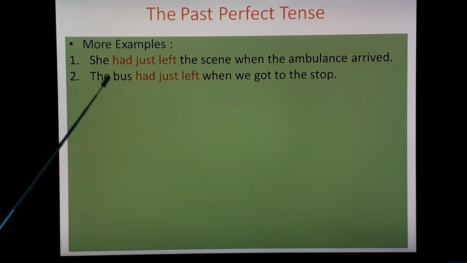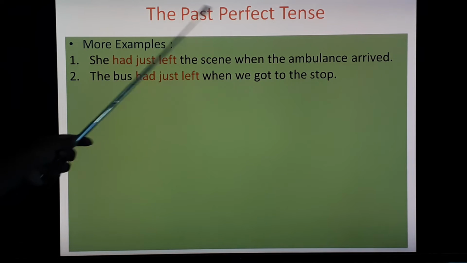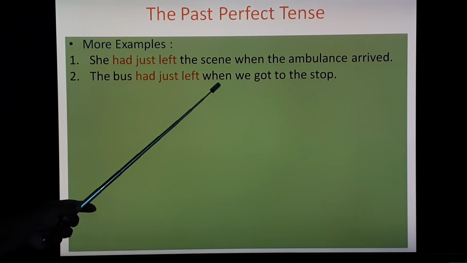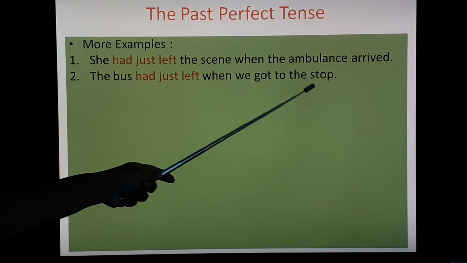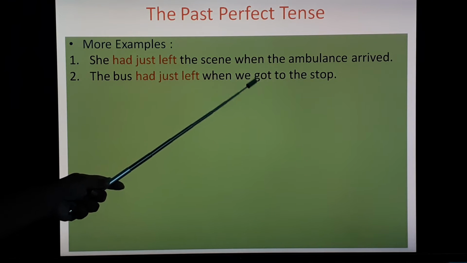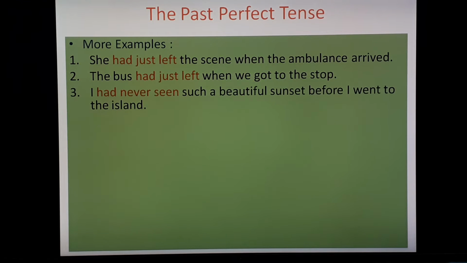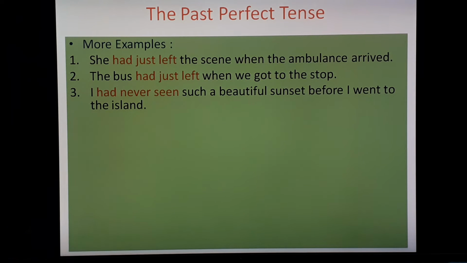So first action happened, the bus left. That is why here it is given past perfect. The bus had just left. Right? After that you have to put when, and then we got to the stop. So got, that is V2 form. So that is called simple past tense. I had never seen such a beautiful sunset before I went to the island.